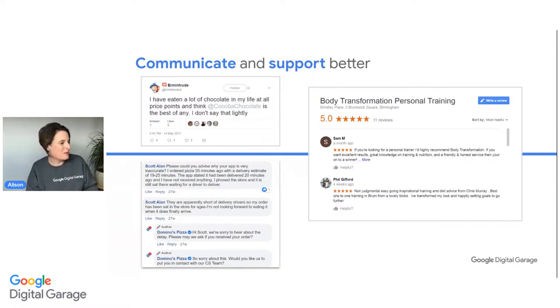Here we've got some examples of people who are communicating on social media with Domino's Pizza, people leaving reviews on a Google business profile, people will tweet. Now, this communication is great because it enables us to have that conversation with our audience. It can be public so others can see. So you've got to make sure that you're part of the conversation and that you respond quickly to your audience when they are engaging with you.